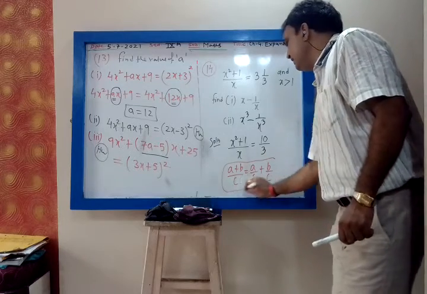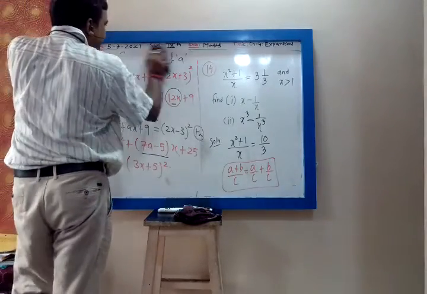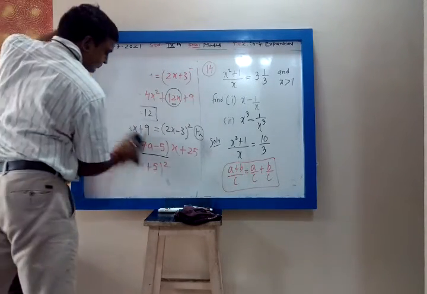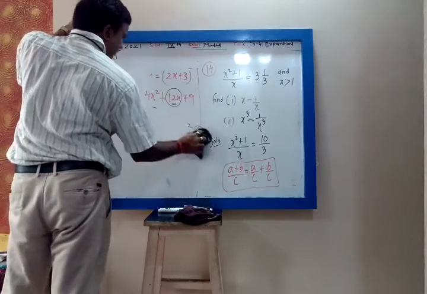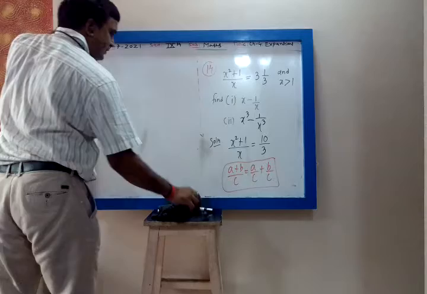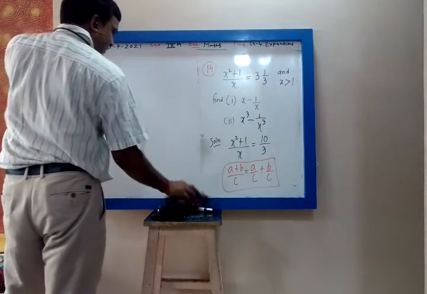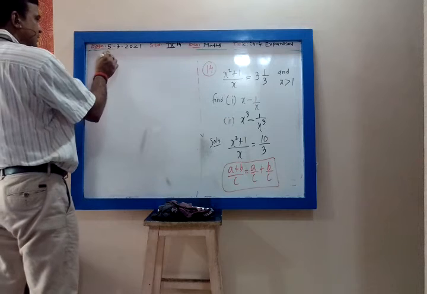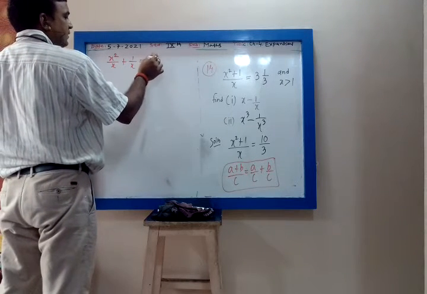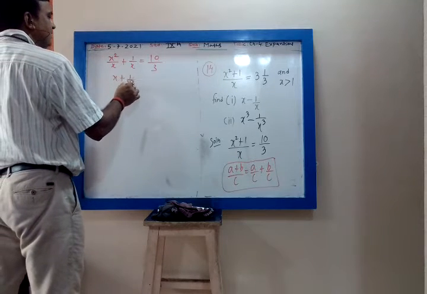So x square plus 1 whole divided by x will be x square by x plus 1 by x, is 10 by 3. So one x gets cancelled, x plus 1 upon x is 10 by 3.